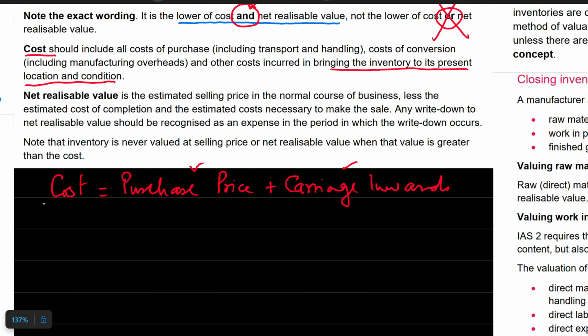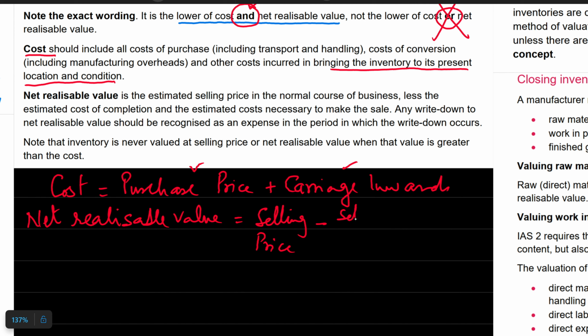Now let us try to learn net realizable value. Students, net realizable value is selling price minus selling expenses minus cost of completion.